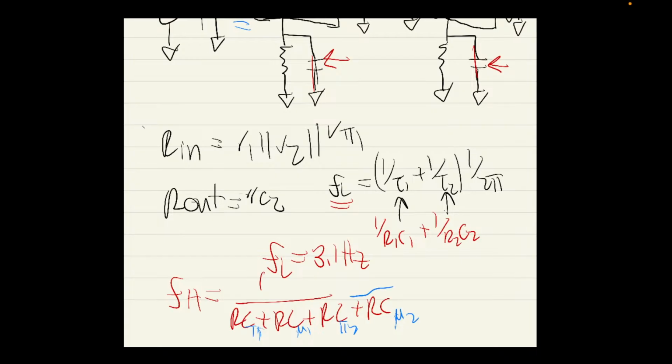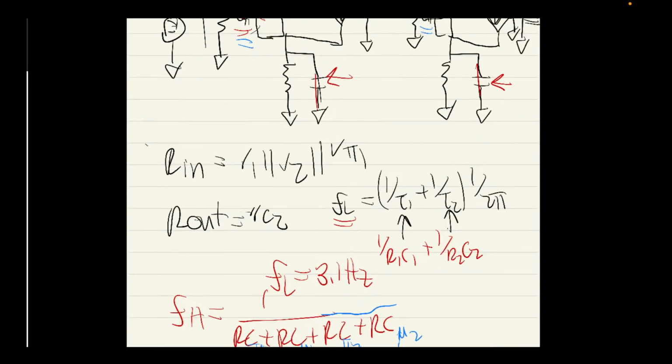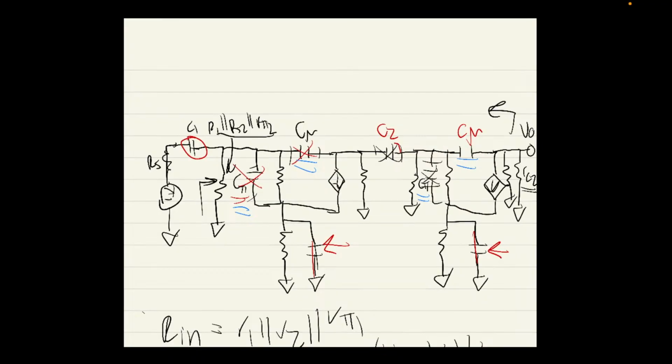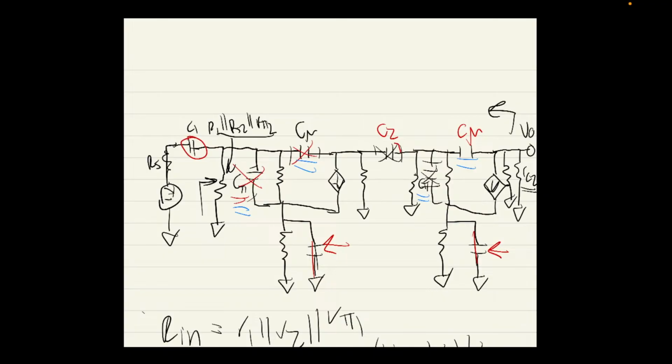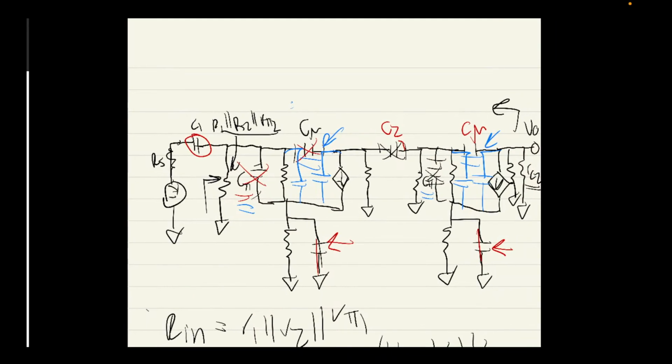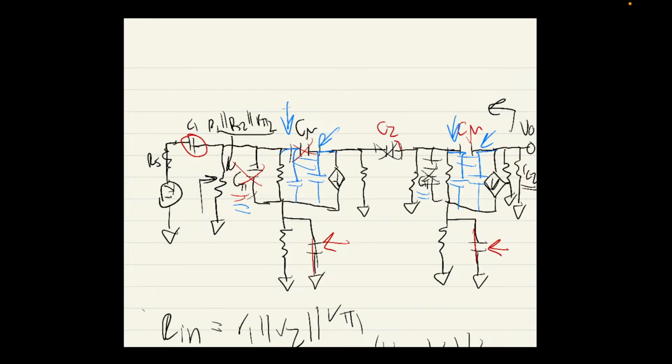Now, what we also know is that when we do Miller's theorem, our C mu, when we break this down into something like this, these right side capacitors become very small, and these ones become very large.